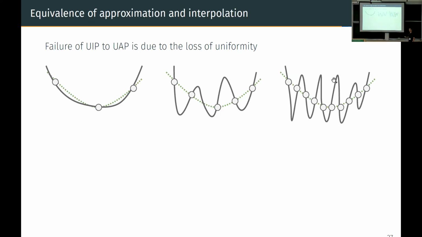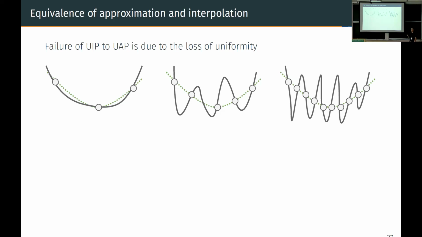But you can also see how you can control this very easily: if you enforce that, for example, some Sobolev norm of this interpolant is uniformly bounded, perhaps by some factor of the Sobolev norm of the target, you have uniformity, and then interpolation and approximation will be equivalent. This we know very well in polynomial approximation as the Runge phenomenon.